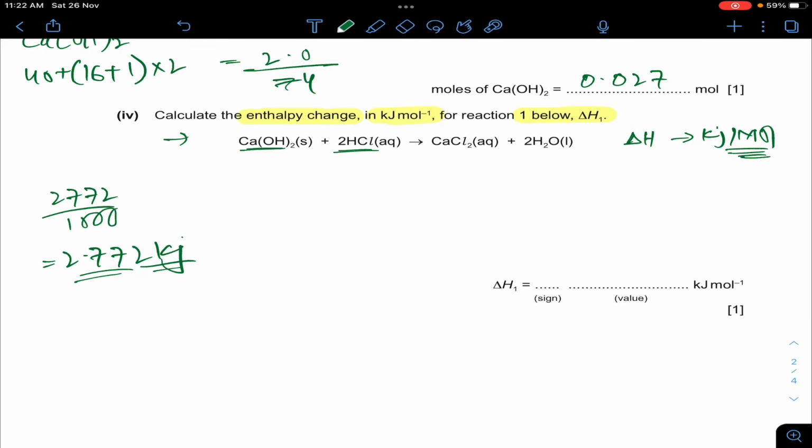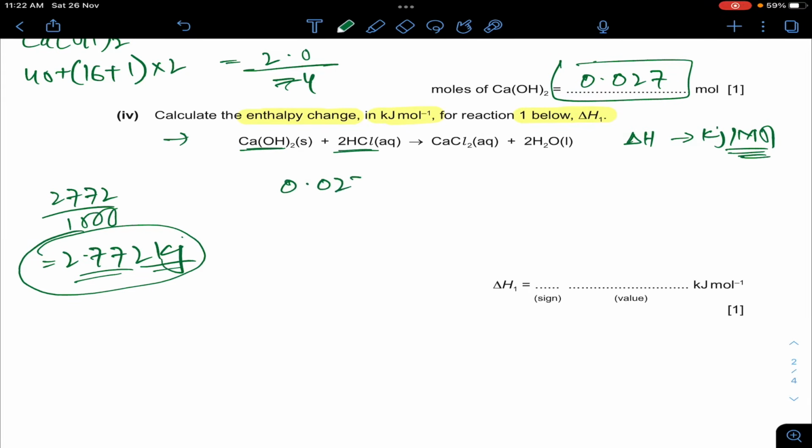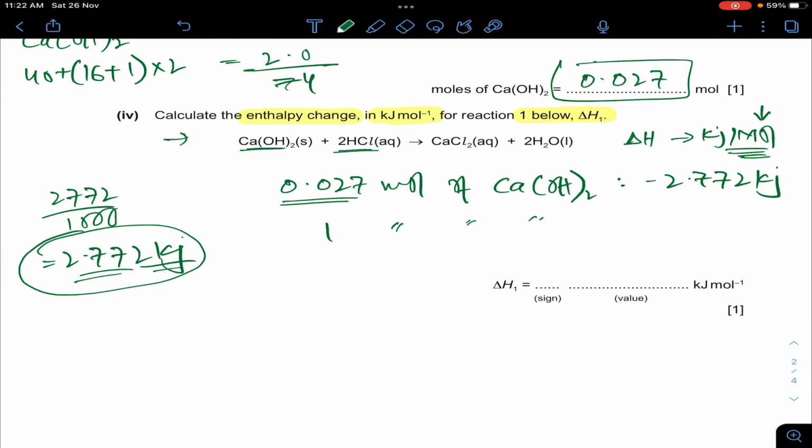This amount of energy is released when we have added 0.027 moles. So we can make a relation here: when 0.027 moles of calcium hydroxide is added, the amount of energy released is minus 2.772 kilojoules. So what if we add 1 mole of calcium hydroxide?